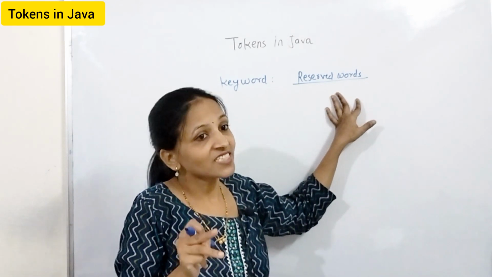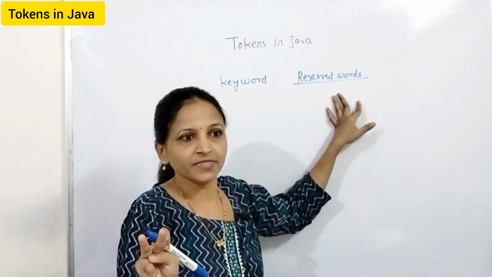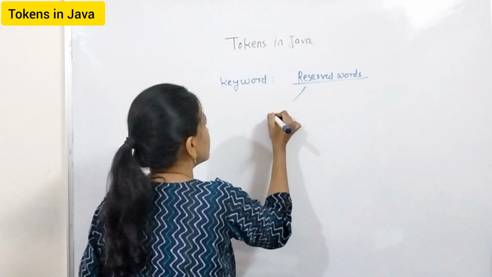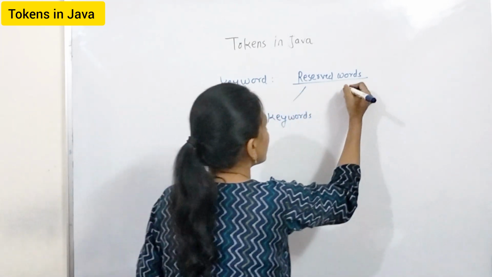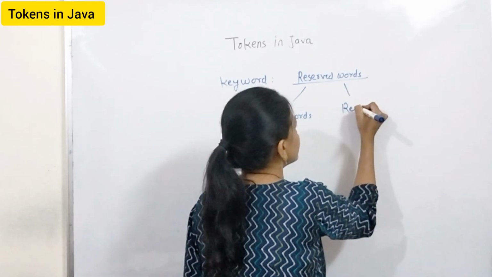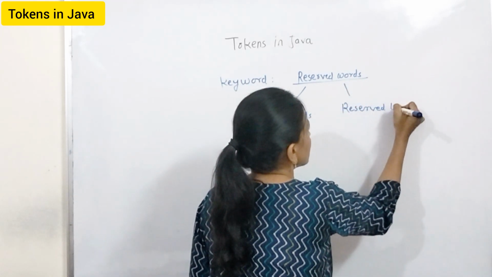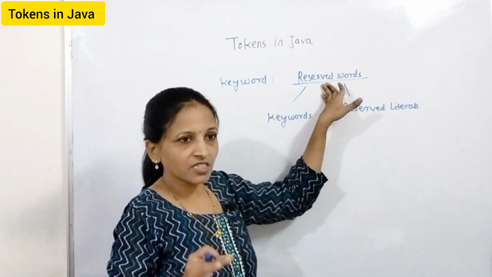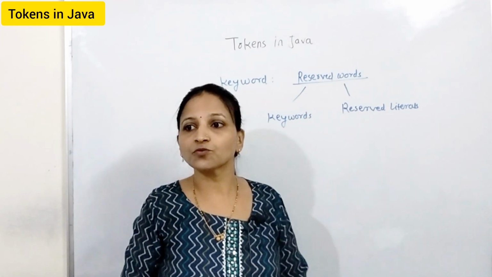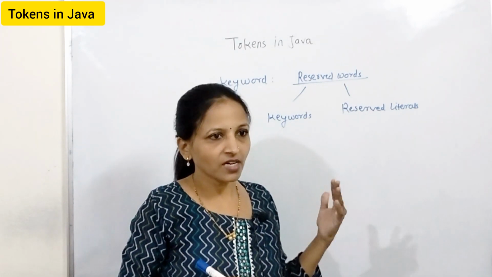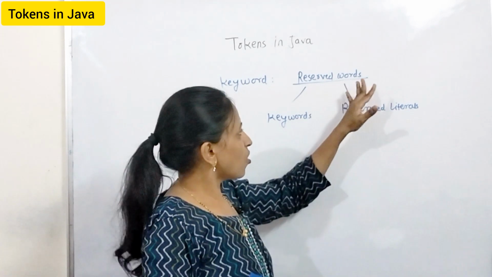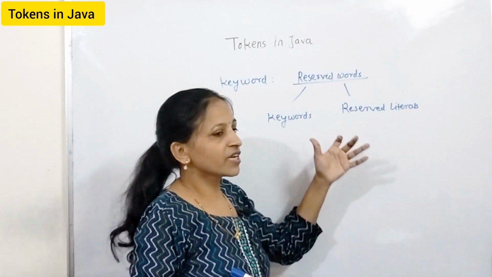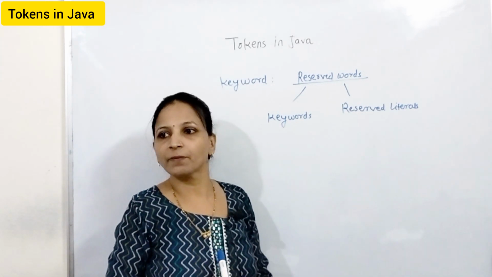The reserved words are categorized into two types here: keywords, and second one, reserved literals. Whatever reserved words, those we cannot use to give a name to any class, any function, any variable. Means keywords or reserved literals both cannot be used for identifier purpose.